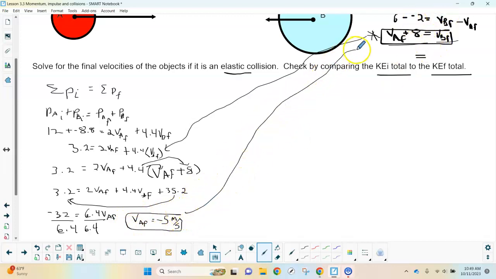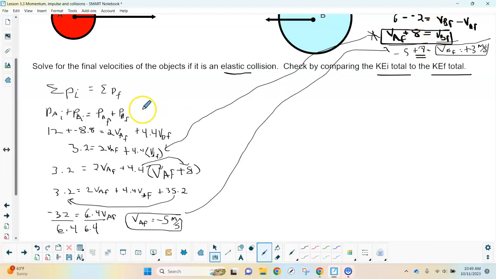So negative 5 plus 8 should get me VBF. Then VBF is just equal to a positive 3 meters per second. So we have a solution for both of those.